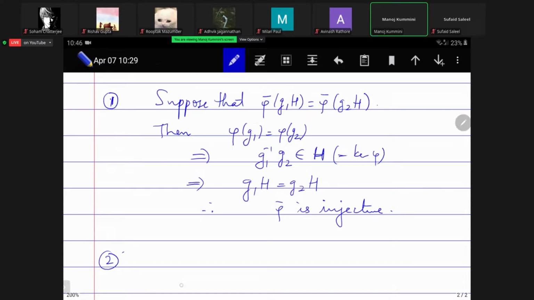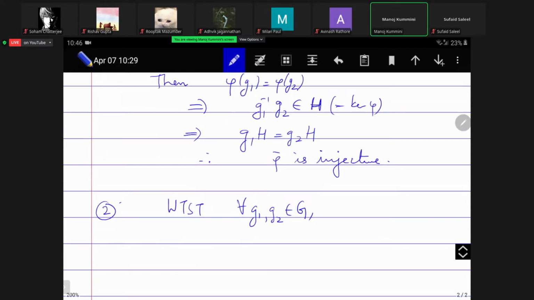Now we need to show that for all g1, g2 inside G, phi bar of g1H, g2H is equal to phi bar of g1H times phi bar of g2H.